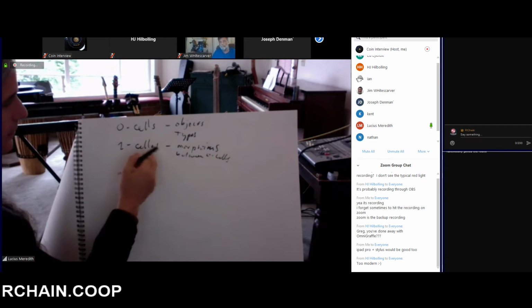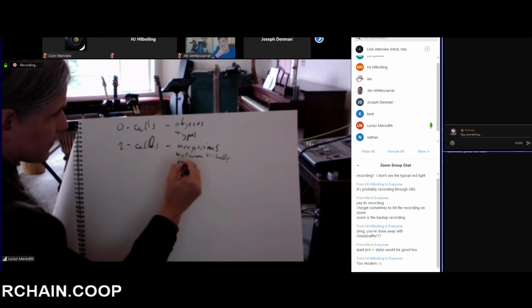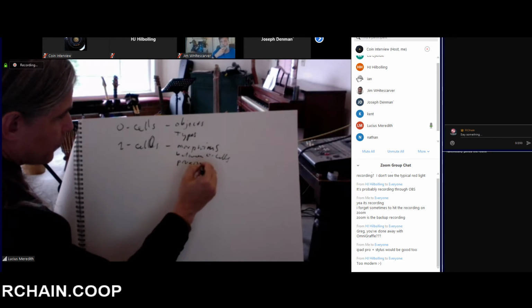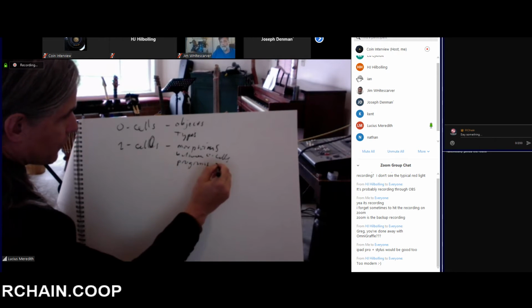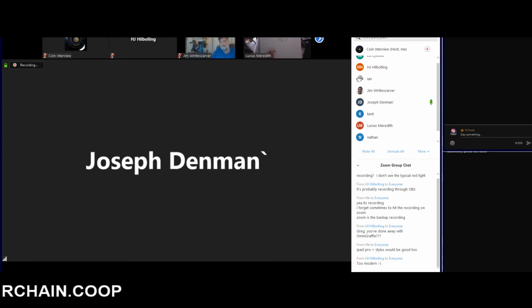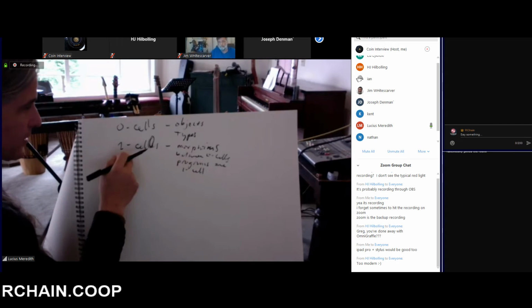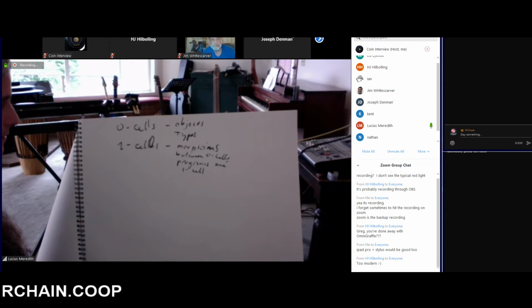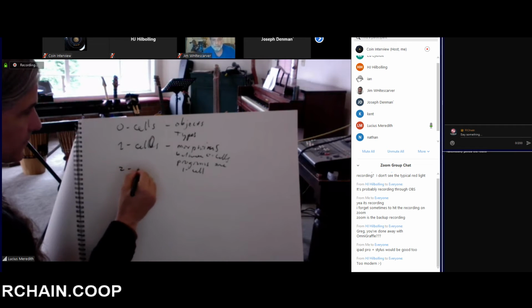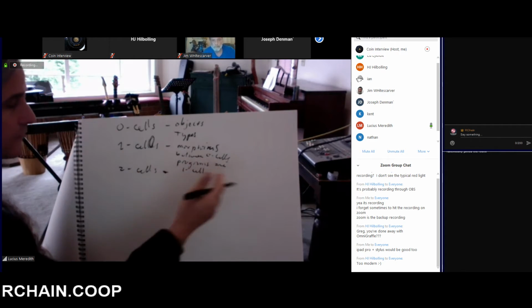So typically programs, contracts, protocols, etc. are one cells. Like IO, but not just IO. Basically any smart contract should be a one cell. And then two cells are transforms on programs.